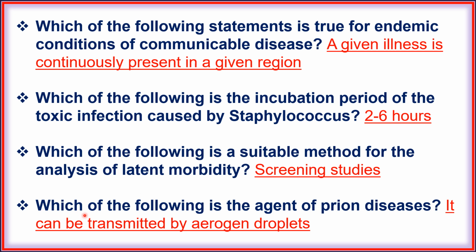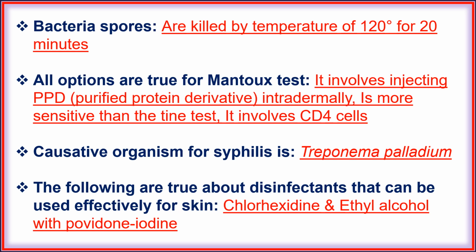Next, which of the following is the agent of prion disease? It can be transmitted by aerogen droplets. Next, bacteria spores are killed by temperature of 120 degrees centigrade for 2 minutes.